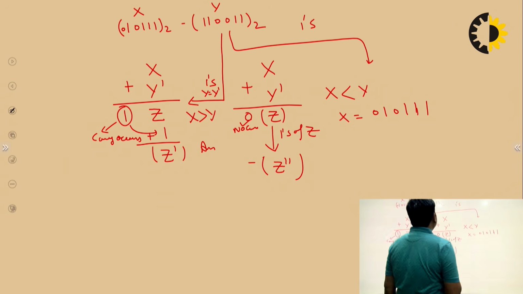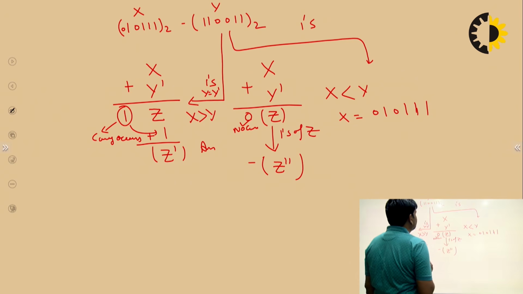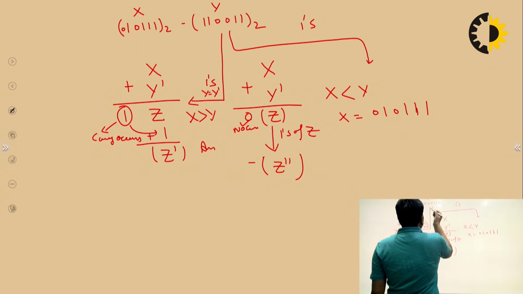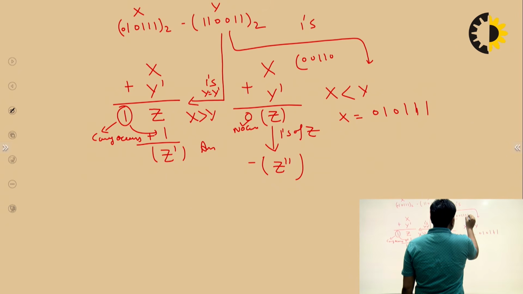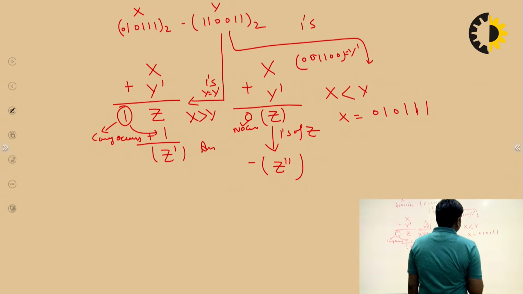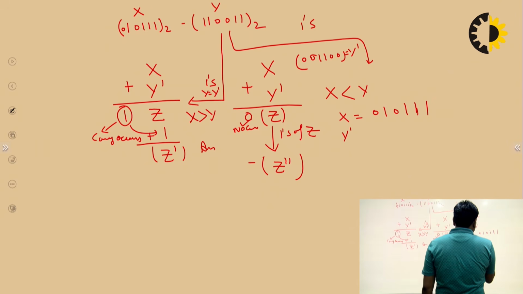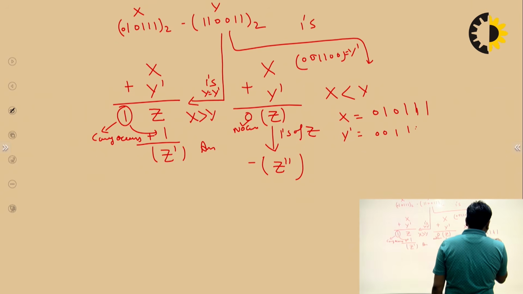How do we calculate the 1s complement of any binary number? Just complement each digit. So 1 complement is 0, 0, 1, 1, 0, 0. This represents the 1s complement of y, or we can say this is y dash. So y dash by the 1s complement method is 0, 0, 1, 1, 0, 0.